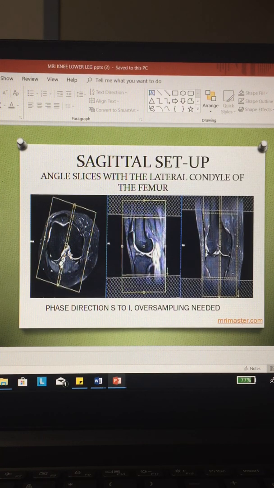So this is the angle that you are going to want to utilize when you're setting up your sagittals. You are going to angle your slices with the lateral condyle of the femur. Not this way, that would be with the medial, but this way.